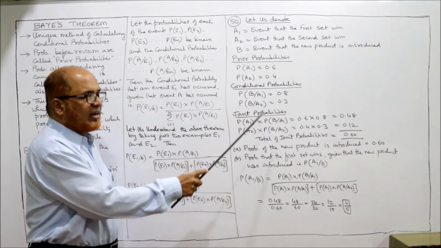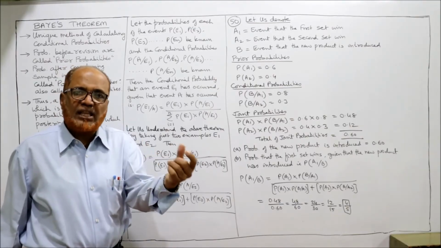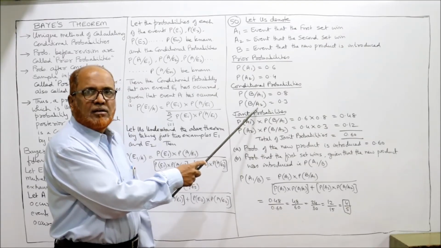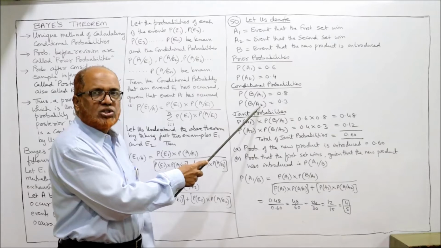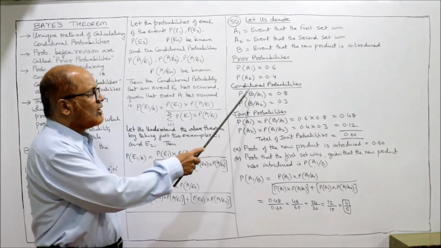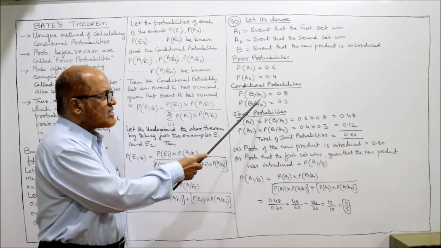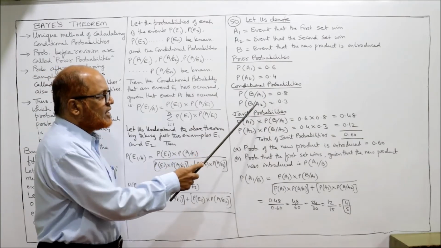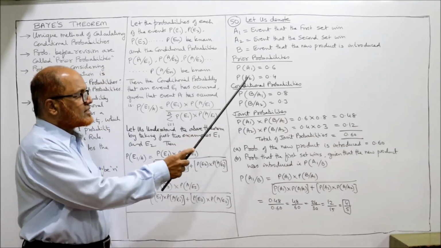Similarly, P of B given A2: the probability that the new product is launched given that the second set wins. ये A2 का मतलब second set. The probability of the new product given that the second set wins is 0.3. ये कंडीशन है. यानी न्यू प्रोडक्ट डिपेंड कर रहा कंडीशन के ऊपर. किसके कंडीशन के ऊपर? फर्स्ट सेट या सेकंड सेट. फर्स्ट सेट विन होगा नया प्रोडक्ट 0.8, सेकंड सेट विन होगा नया प्रोडक्ट 0.3. दिस इज प्रायर प्रोबेबिलिटी, दिस इज कंडीशनल प्रोबेबिलिटी.